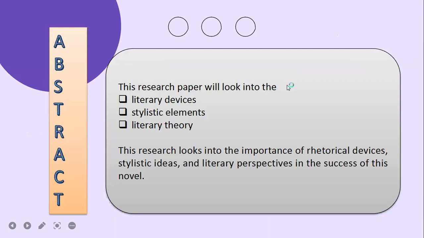The abstract. Okay. This research paper will look into the following. First one, the literary devices, the stylistic elements, and literary theory used by the author Harper Lee in her novel. This research looks into the importance of rhetorical devices, stylistic ideas, and literary perspectives in the success of this novel.